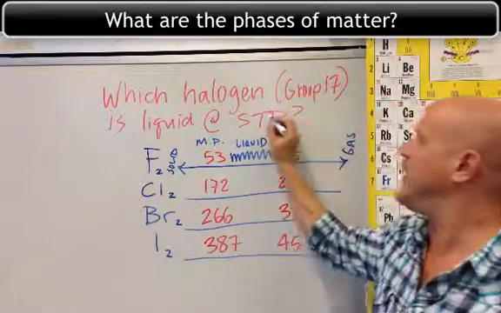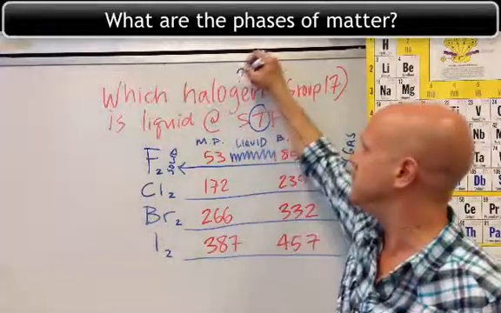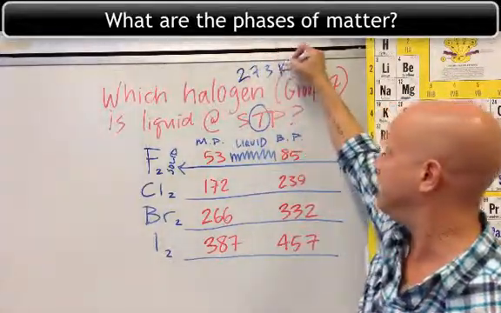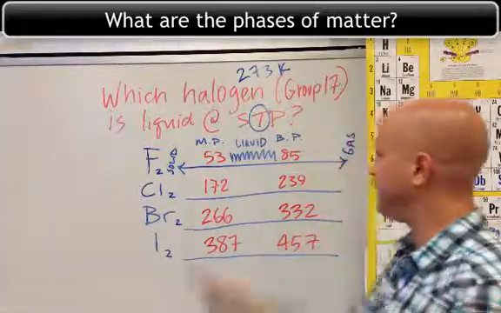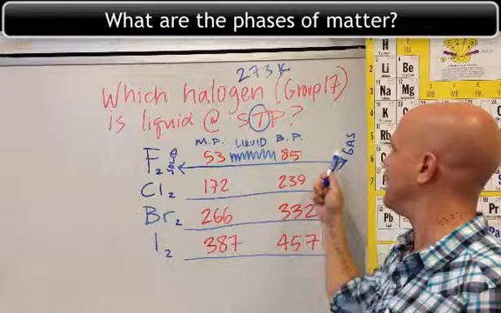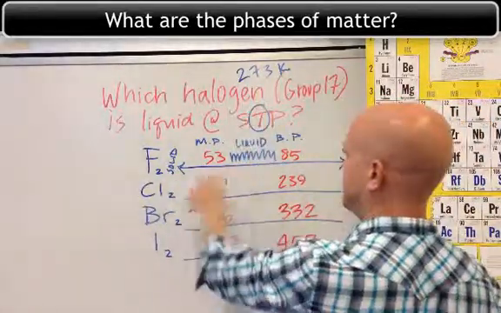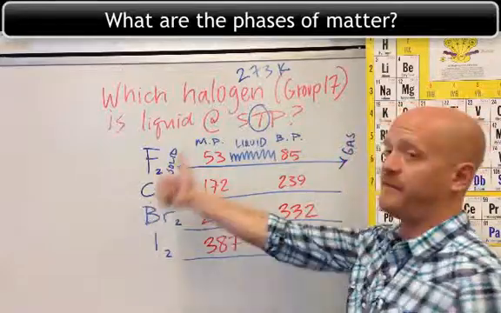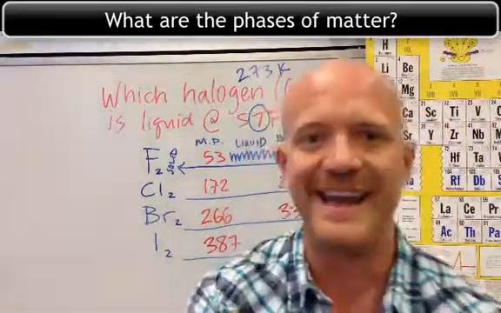So we're going to look at STP, which means 273 Kelvin. At STP, fluorine, solid, liquid, or gas? Where does 273 fall on this number line? It is far, far to the right.